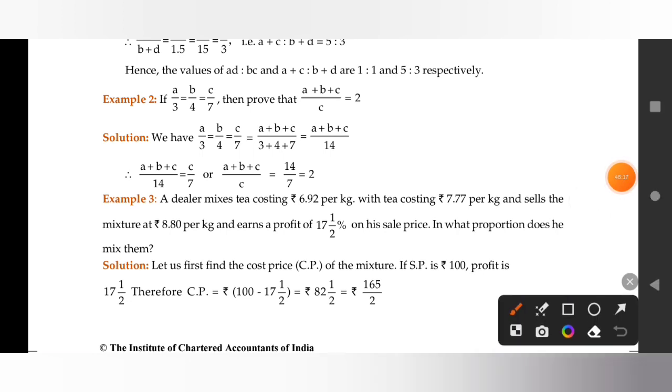Okay, example number 2. A divided by 3 equals B by 4 equals C by 7. Then prove this. Okay, so it is very easy. Let us apply the addendo formula. There are three ratios you have.